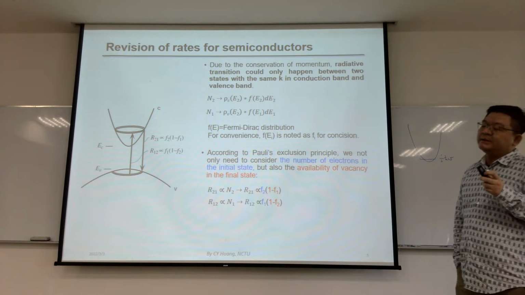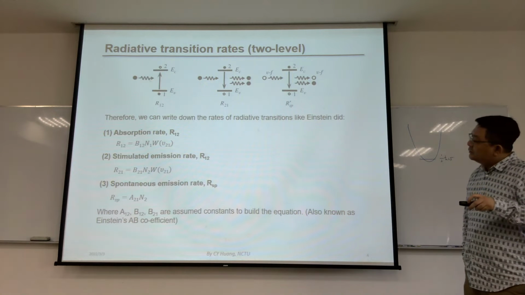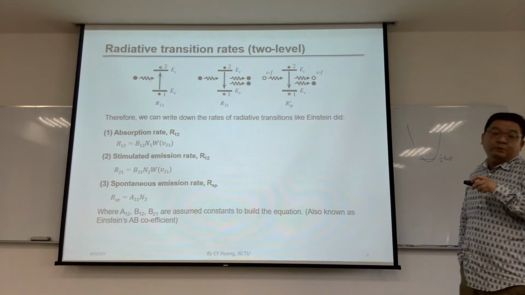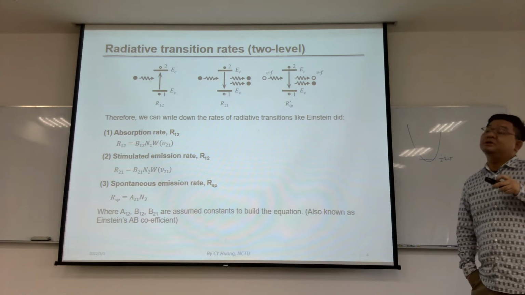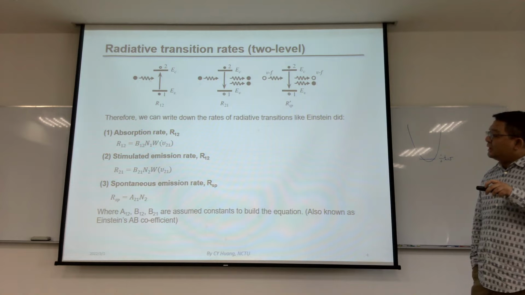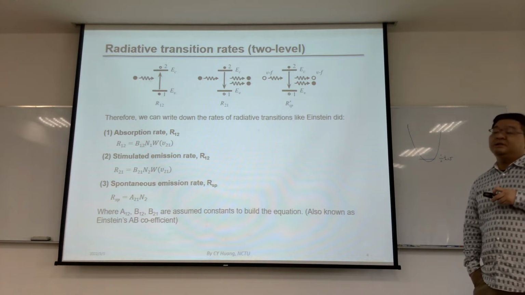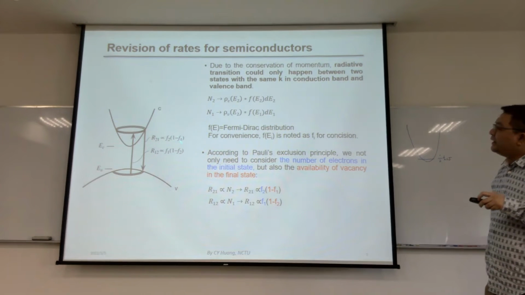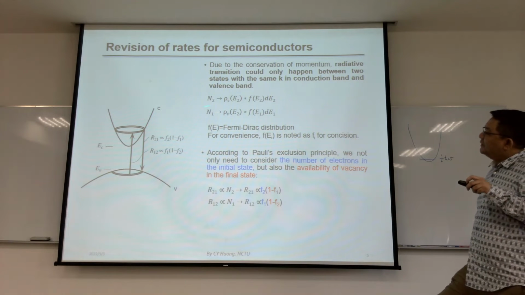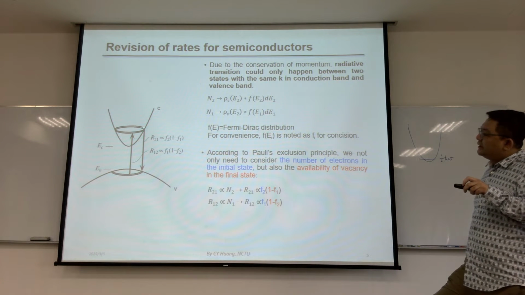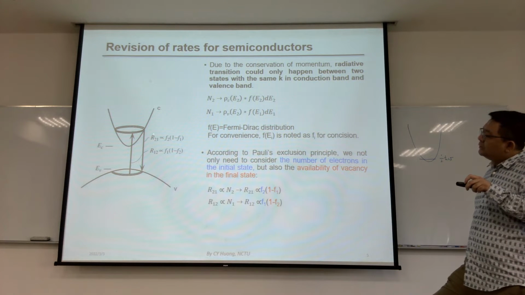But since now we are concerned with the semiconductor, we need to do some revision. The equation right here is only for a two-level system, but a semiconductor is not two-level, it's two-band. So we need to express N1 and N2 as functions of the density of state. From E2 to E1, that means you have a conduction band at this energy level from E2 to E2 plus dE.